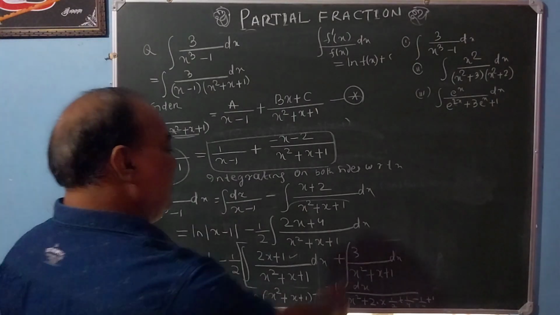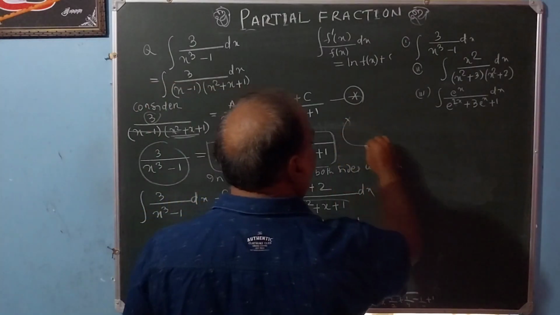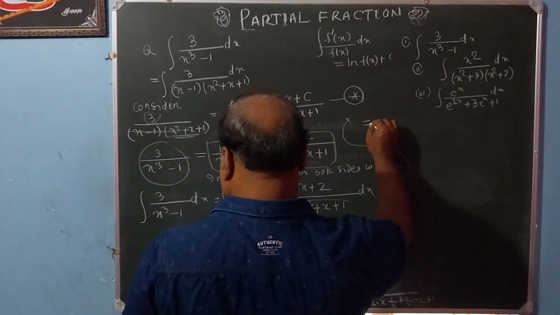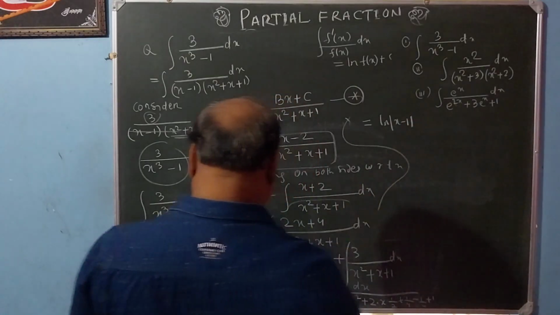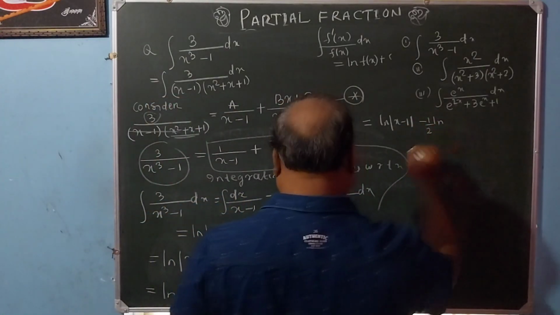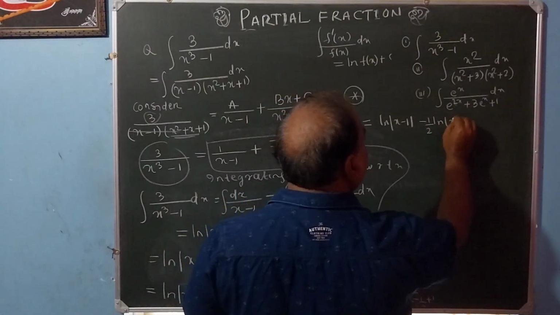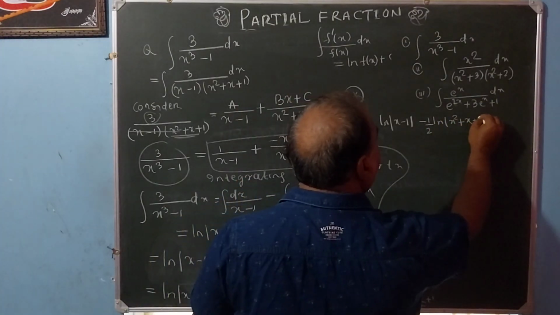This is the type of dx by quadratic. So next write down ln(x minus 1), so that is minus 1 by 2 ln(x square plus x plus 1).